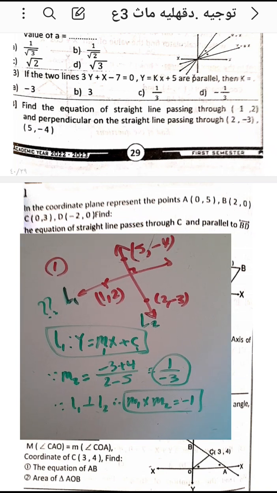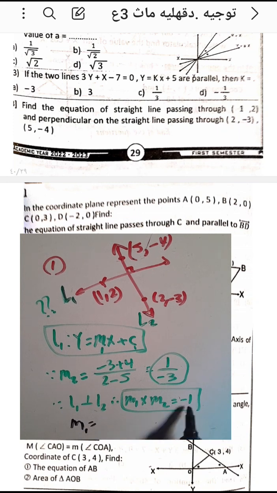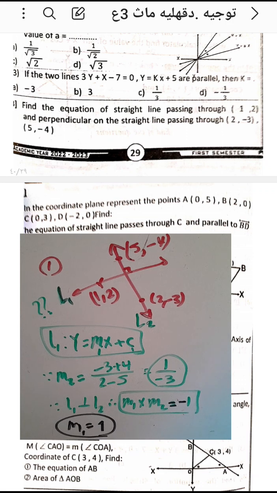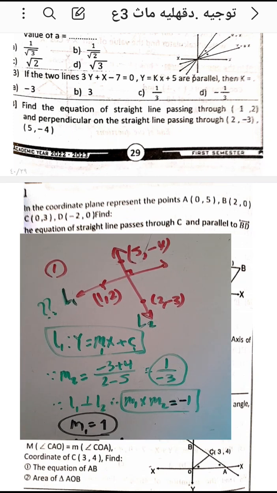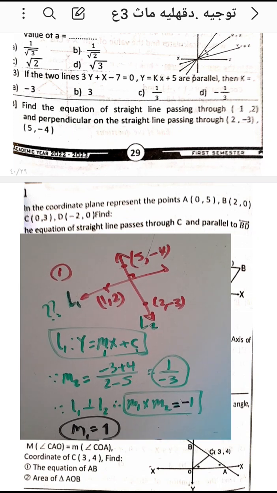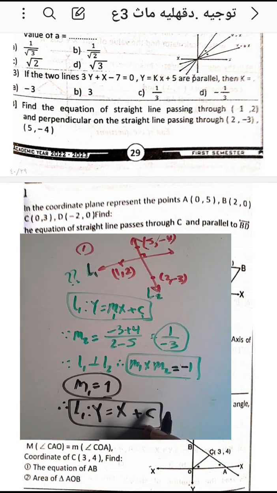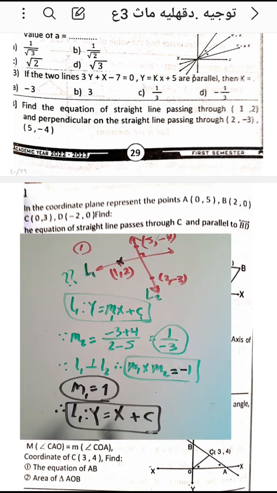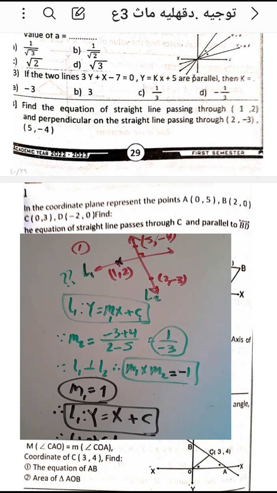Then we can find the slope m1. It will be the inverse of negative 1, it will be 1, and change the sign. Then L1 is y equals m1x plus constant, right? M here equals 1, 1 times x equals x plus constant. Now we will find the constant. It tells us the straight line passes through the point 1 and 2. Then this point satisfies the equation, so 1 and 2 go into L1.